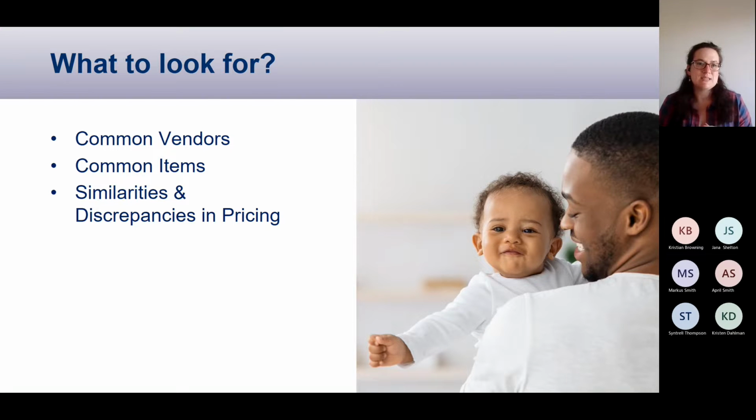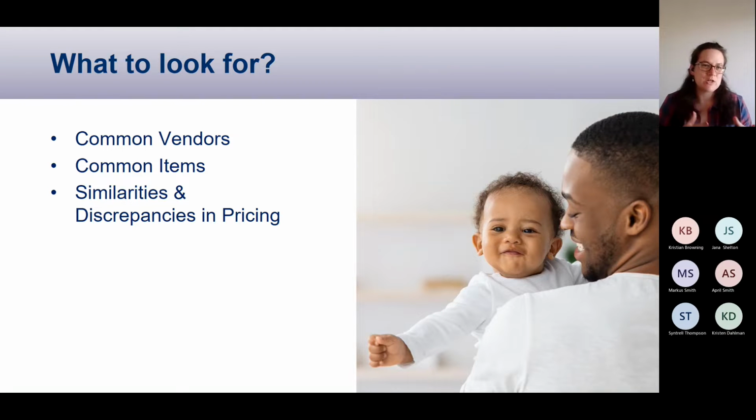So one vendor might be selling a 100 count case, while another vendor might be selling a 200 count case. And so those prices are obviously initially going to seem very different, but you'll want to calculate down to the individual diaper or individual wipe price to really see how you're actually able to compare those items.